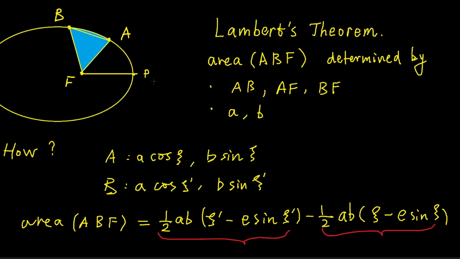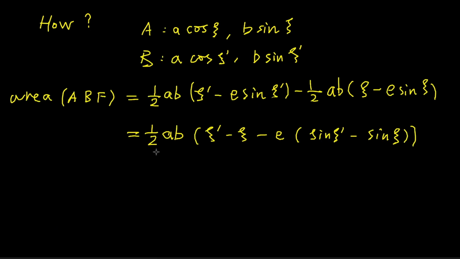By our proof of the second law, the two sectors can be written in terms of their eccentric anomalies. Collecting the terms, we get that the area equals half of ab times xi prime minus xi minus e times the difference between the sine of xi prime and the sine of xi.